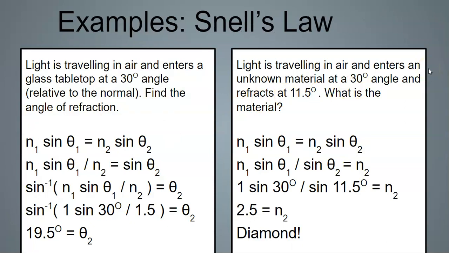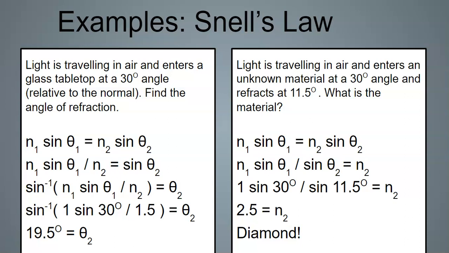All right, here's a second one. Light is traveling in air, enters an unknown material at a 30-degree angle, and refracts at 11.5 degrees. So this must be even higher than glass because it's bent to 11.5 instead of 19 degrees. It's even closer to the normal line. Here they want to know the index of refraction of the second medium. We solved for n2, put the numbers in, and it came out 2.5.